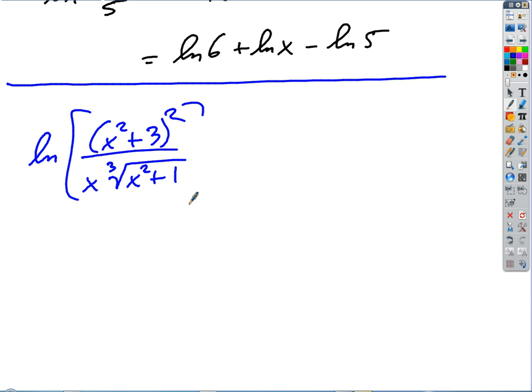A lot going on with that one. There's lots of logarithmic action in there.